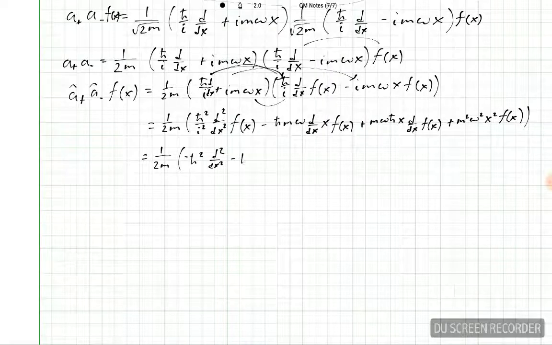Then we have minus h bar m omega d/dx of x, then plus m omega h bar x d/dx, and then plus m squared omega squared x squared, and then we have our f of x out here.